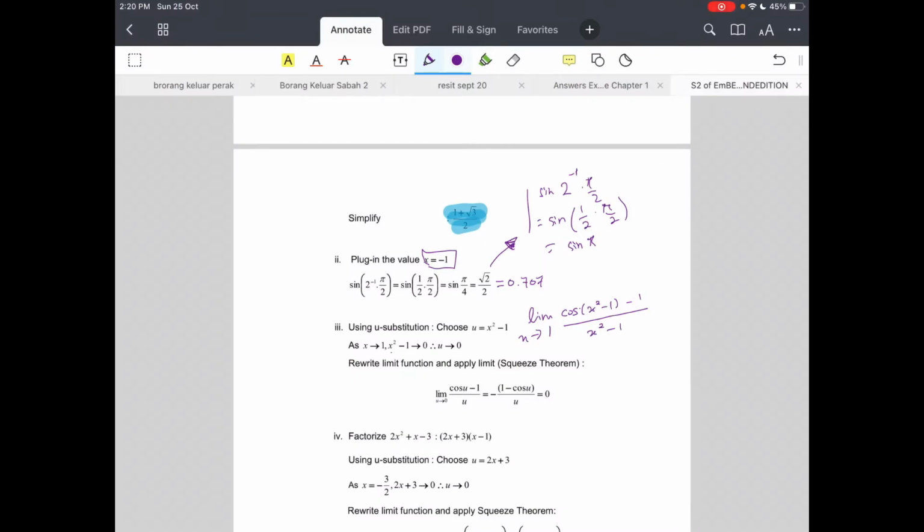Now you can use the squeeze theorem to solve this question. As you can see, it's a combination of u substitution and the squeeze theorem.